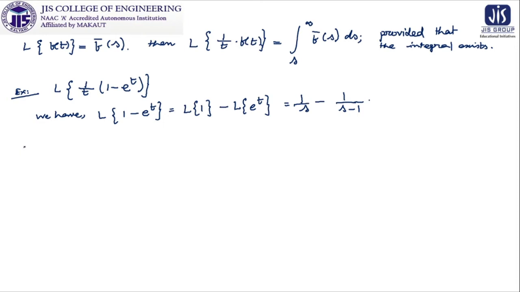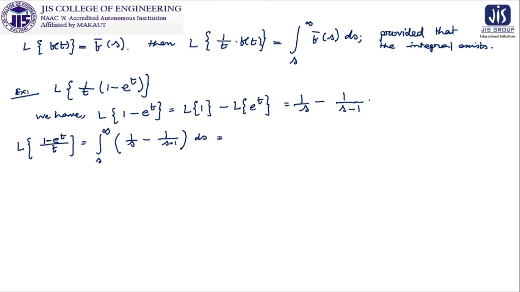Now, what is asked? The Laplace transform of 1 minus e to the power t by t. According to the property we got, we have to do this integration from s to infinity of 1 by s minus 1 by s minus 1, ds.